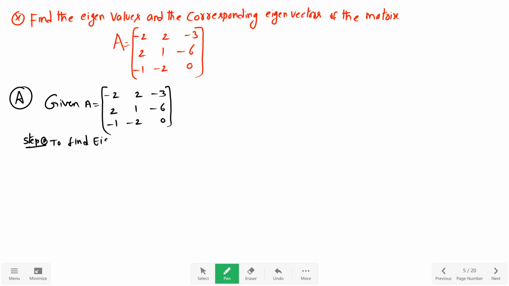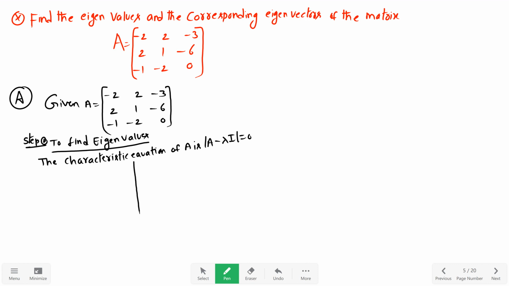To find eigenvalues, the procedure is the characteristic equation. The characteristic equation of A is the determinant of A minus lambda I equal to 0.